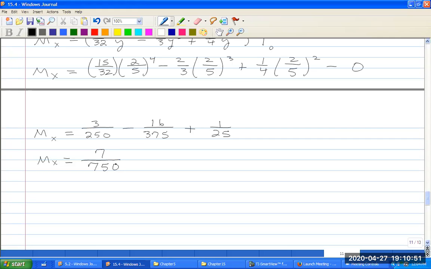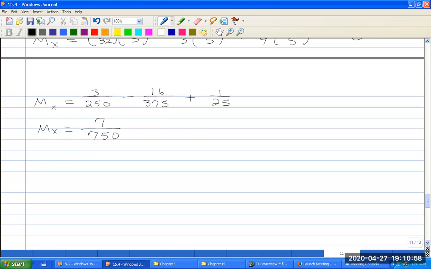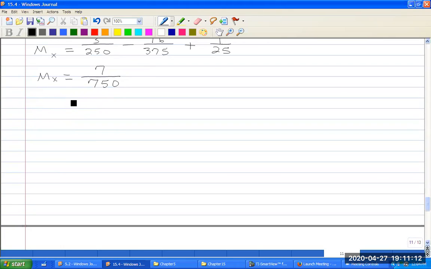Okay, good. Now let's do the other moment. So that's part of it. Okay, so I just need one more moment here. So the moment about the y-axis. So let's do that.